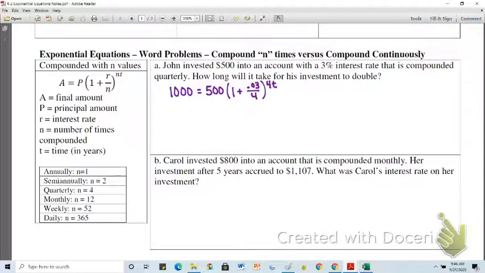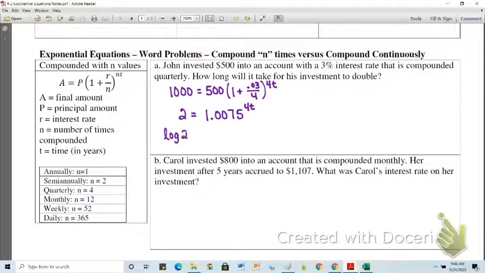So I'm going to go ahead and divide by 500. I get 2 equals. I'm also going to write the full decimal of what is in parentheses, 1.0075 raised to the 4t. To solve an exponential, we are going to take the log of both sides.